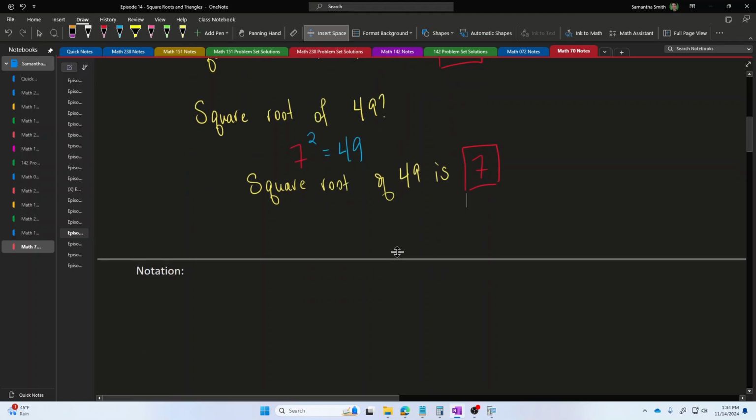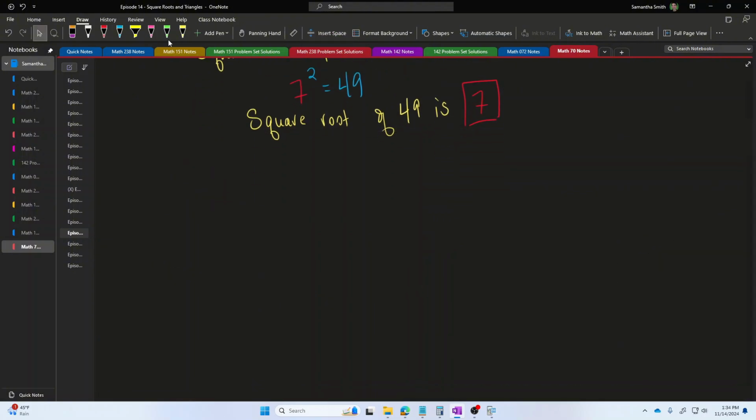So, put another way, the square and the square root have a sort of parent-child relationship. You know, my mom's name is Kim, and so I could say something like, Kim is the mother of Sam.